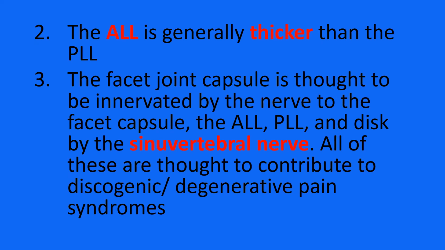The facet joint is thought to be innervated by the nerve to the facet capsule, the anterior longitudinal ligament, the posterior longitudinal ligament, and disc by the sinovertebral nerve. Don't forget this, sinovertebral nerve. All of these are thought to contribute to discogenic degenerative pain syndromes.